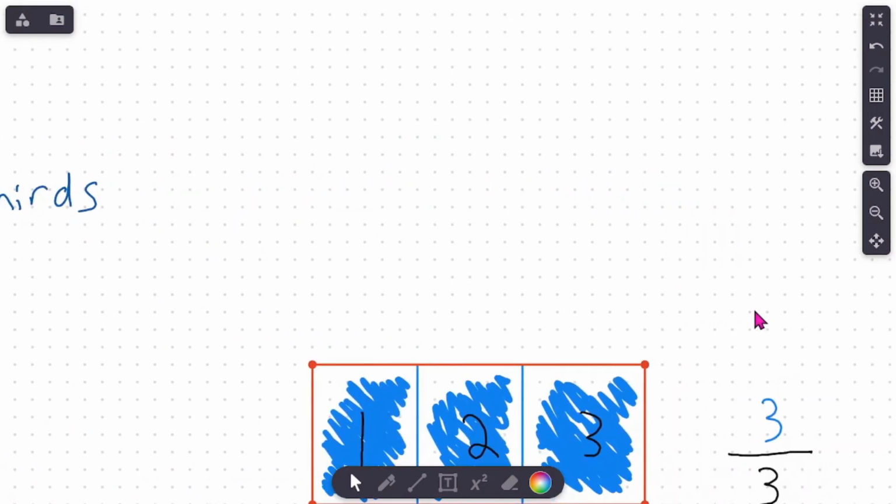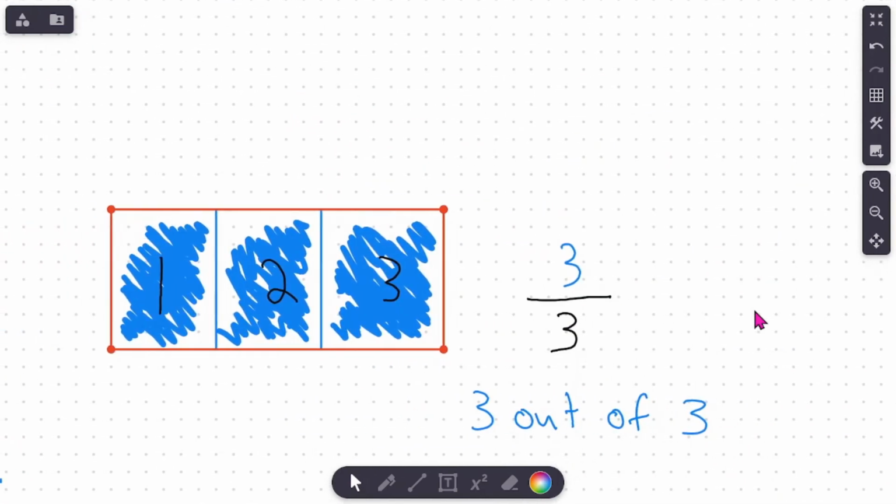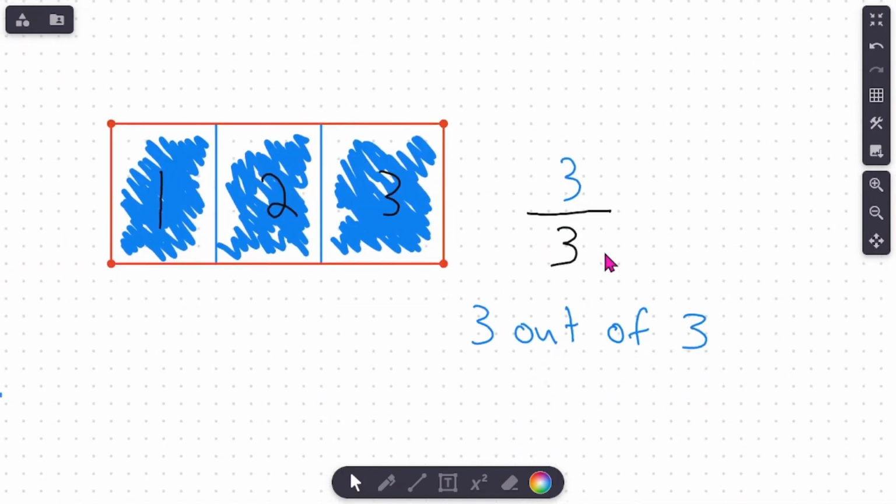So go back to our problem. We have 3 thirds. 3 out of 3. 3 thirds.